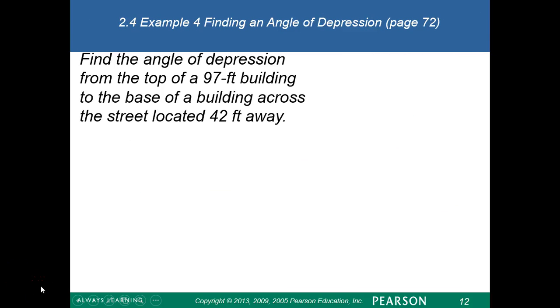In this application problem, it says find the angle of depression from the top of a 97-foot building to the base of a building across the street located 42 feet away. What we're going to do here is first sketch a little drawing of what exactly we're doing.